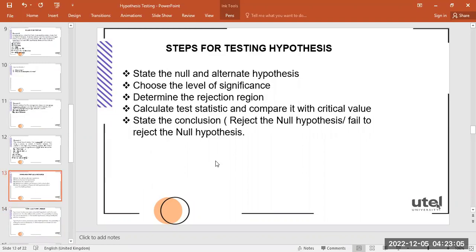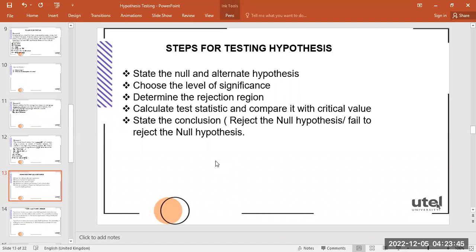Now, before we proceed, we are going to see the various steps that will be taken mathematically before we can test a hypothesis. The first step in testing a hypothesis is for us to state the null and the alternative hypothesis, which is what we've been doing all along. The second thing we need to do is choose the level of significance, which is usually at the discretion of the researcher.